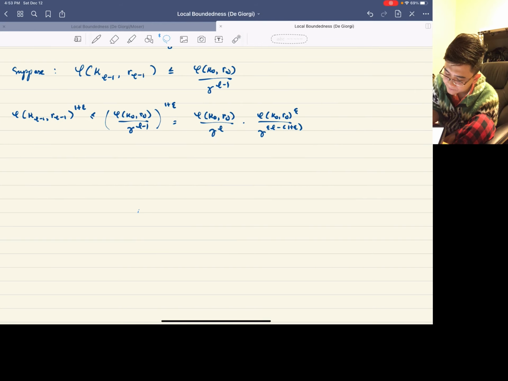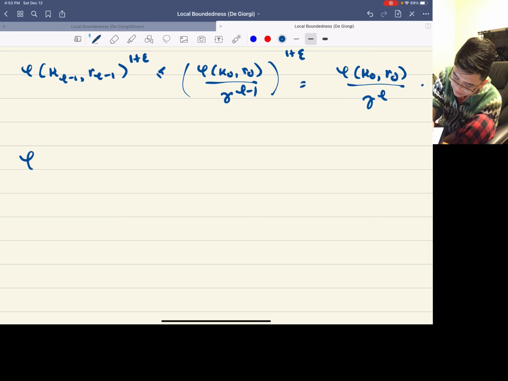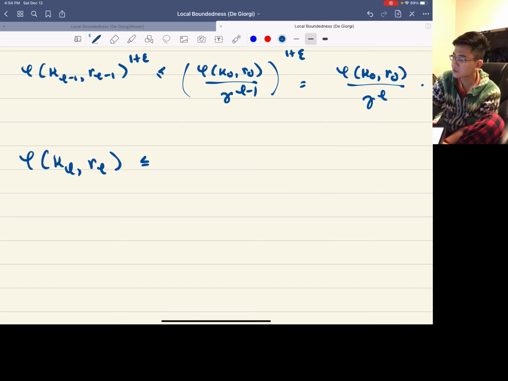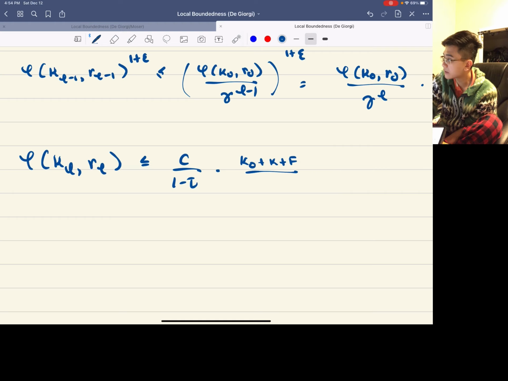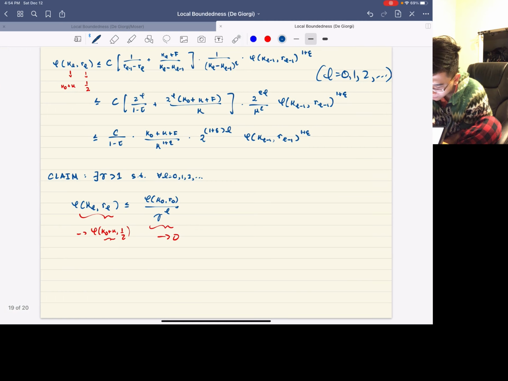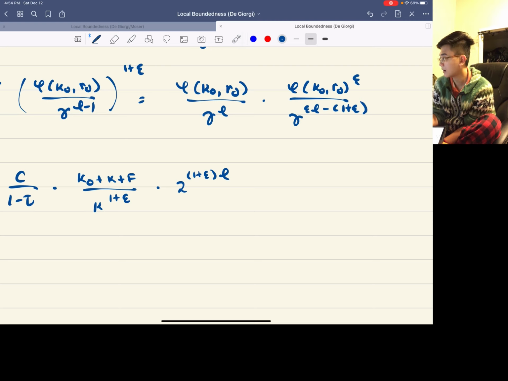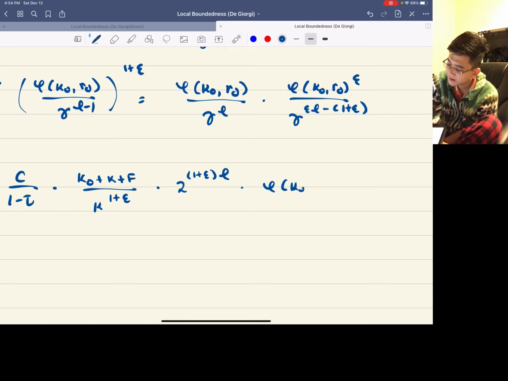What we want to prove is, with this term here, KL RL, by the estimates that we've derived, this is less than or equal to some constant over 1 minus tau times K0 plus K plus f over K to the 1 plus epsilon, times 2 to the 1 plus epsilon times L, times phi of K_{L-1} R_{L-1} to the 1 plus epsilon.